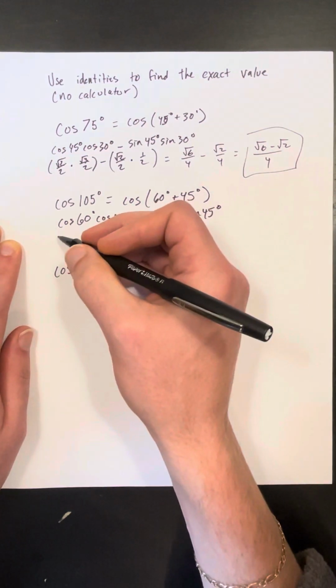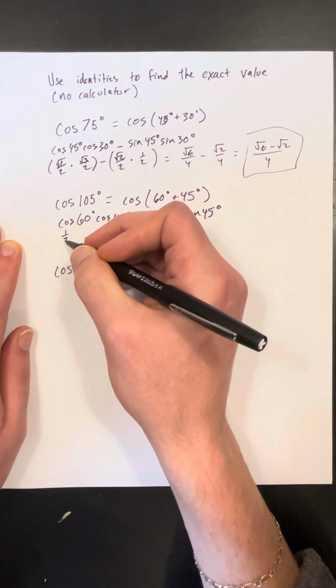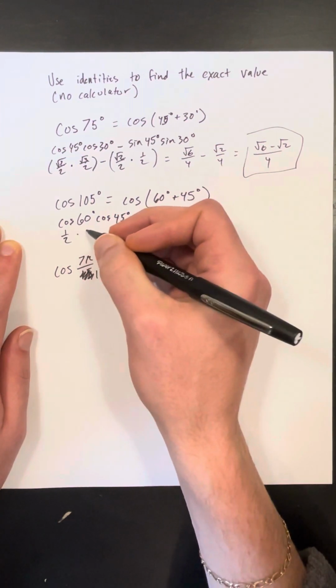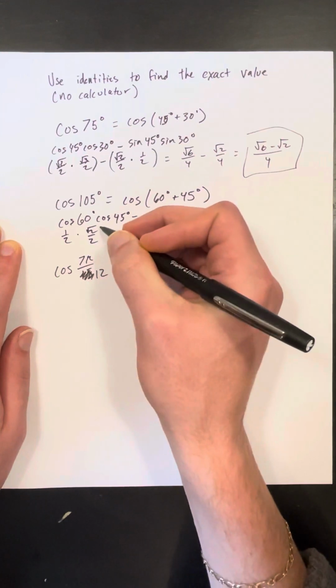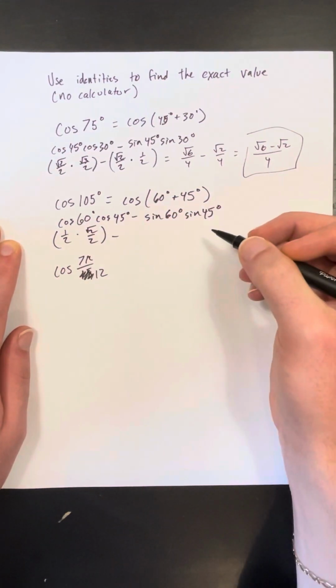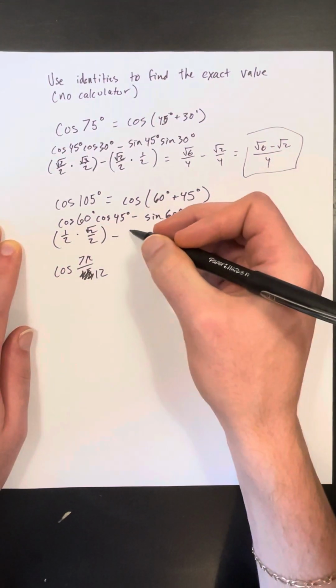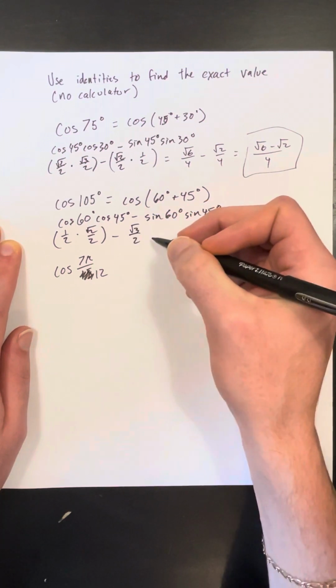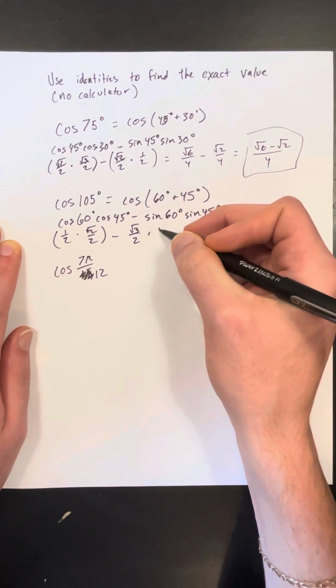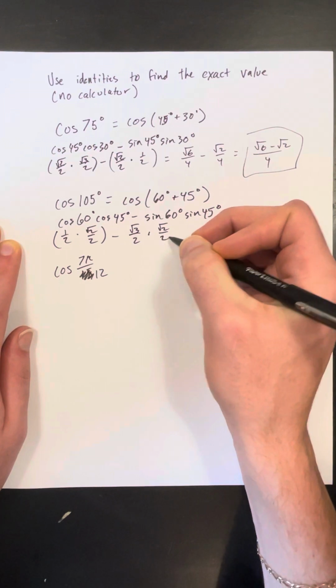And this comes out to be 1/2 times root 2 over 2 for the cosines minus root 3 over 2 times root 2 over 2.